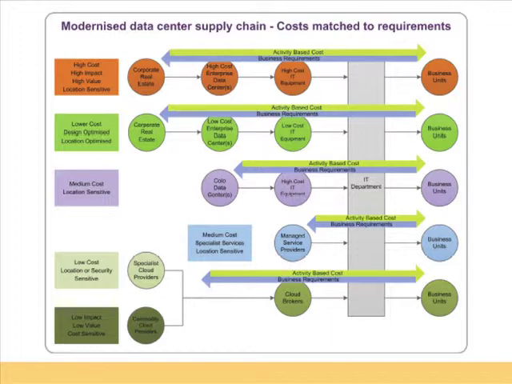Because to use the Uptime tier standard analogy of Tier 1, Tier 2, Tier 3, and Tier 4, if you don't have a Tier 4 mission-critical application, there's no reason to put it in that resilient or redundant a facility. Because for years, we have addressed application resiliency and redundancy on the technology side with a facility's solution to that problem.